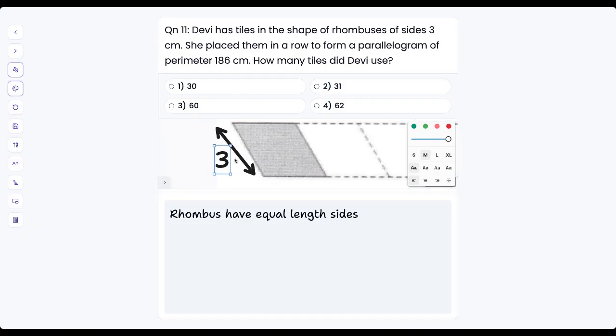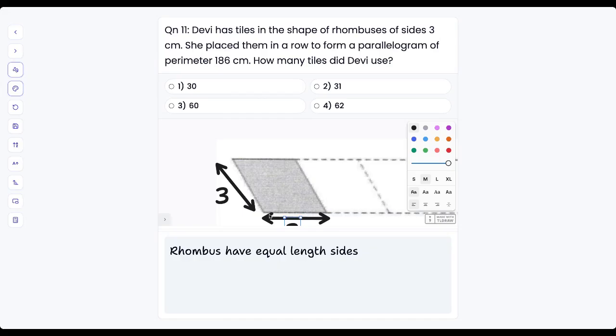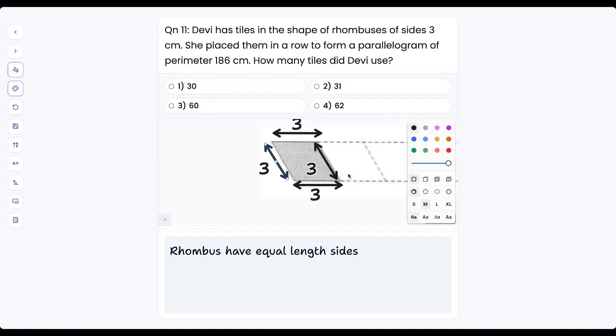Okay, and then we do the same over here. This is also 3 centimeters, and we also do this, 3 centimeters, and we also know that this inner one is also 3 centimeters. That's what you see over here. So now we know that all the sides are equal length.